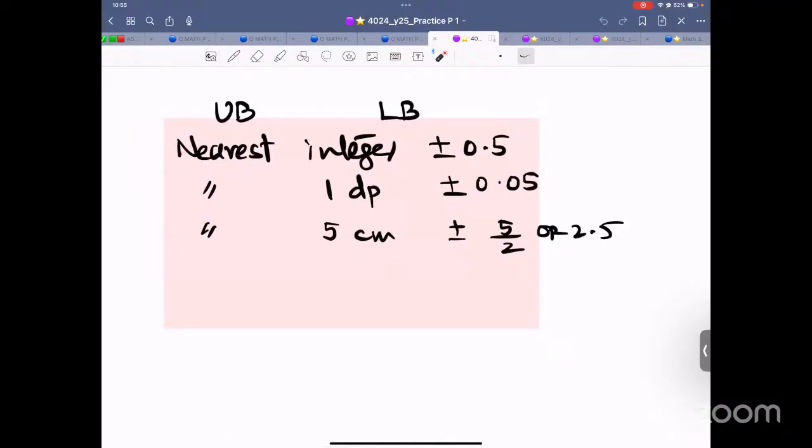If they ask about any nearest integer, add and subtract half of 1, because the smallest integer is 1. If they talk about the nearest one decimal place, that is 0.1, divide by 2, add and subtract. If they ask about the nearest 5 centimeters, add and subtract half of 5.